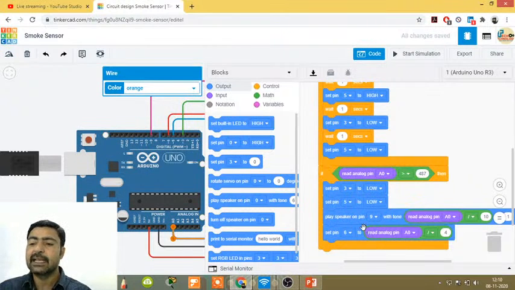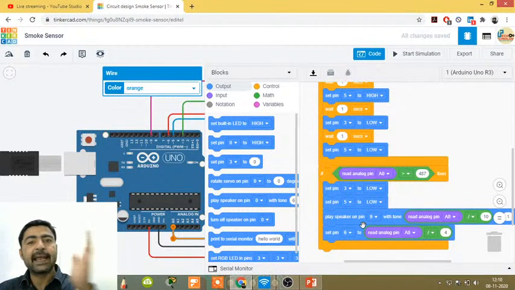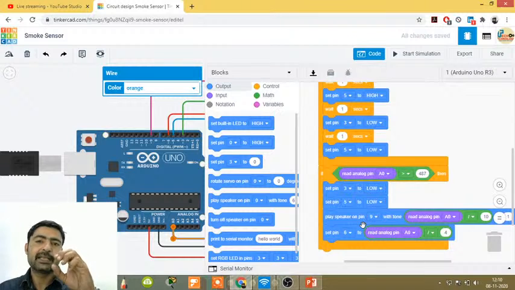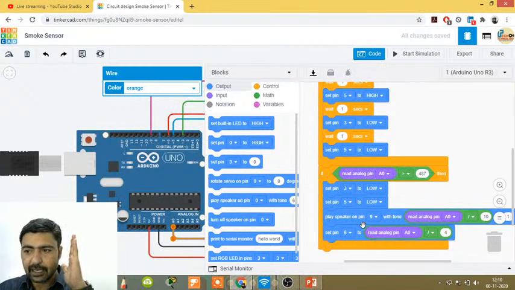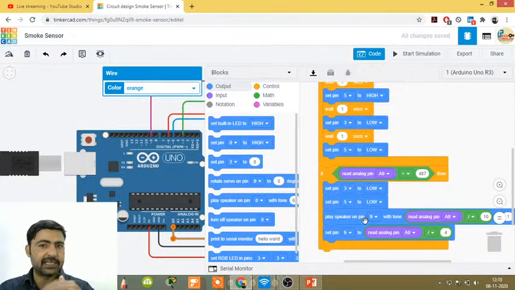One more thing is there: the intensity or the luminosity of the red LED will be directly dependent on the concentration of gas. So whatever the value of the analog sensor, it will directly affect the intensity of the LED. If it is more, the intensity of the red LED will be more.